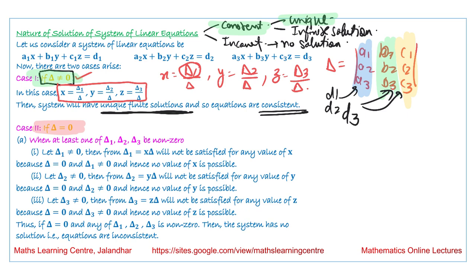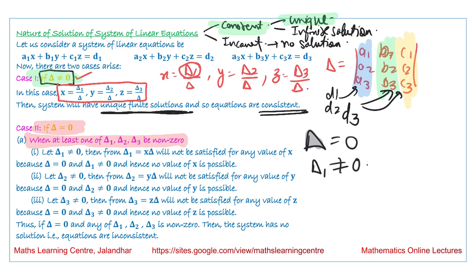Coming to the second case, when delta is equal to 0, in this case there are two sub cases. First is that one of delta 1, delta 2 and delta 3 is non-zero. The value of delta is equal to 0. Now suppose delta 1 is not equal to 0.